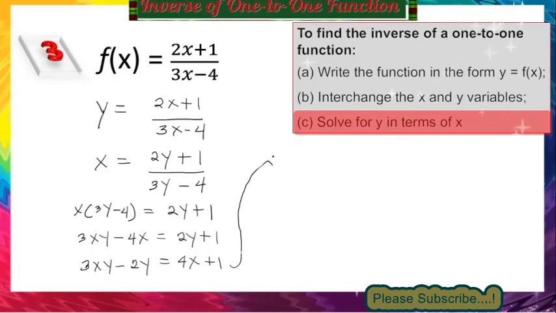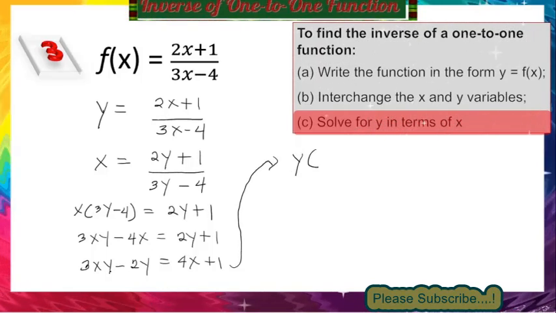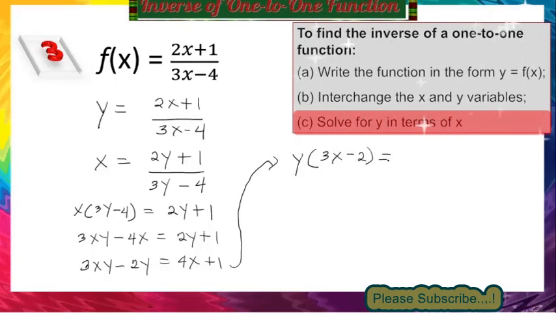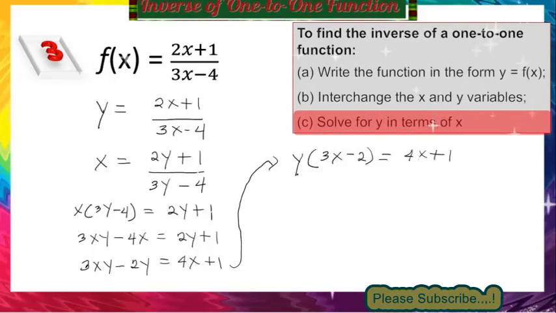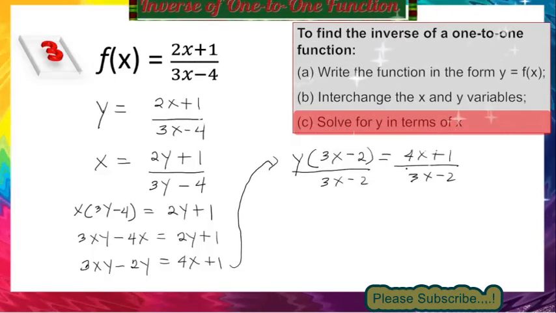Next we will find the common factor. Here y is the common factor. Then 3xy divided by y is 3x, and 2y divided by y is negative 2, equals 4x plus 1. Then to eliminate this, you have to divide both sides by 3x minus 2, so this cancels out.